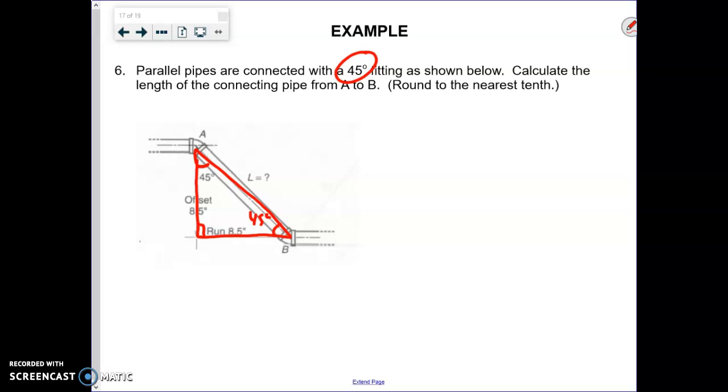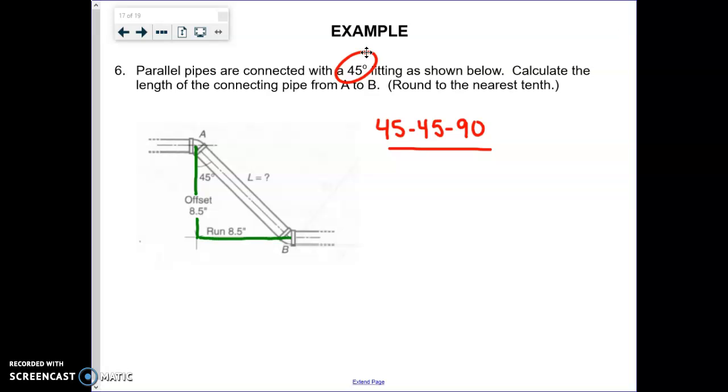All right? So I'm going to erase this for a second, but this tells me that I'm dealing with, ladies and gentlemen, a 45, 45, 90 triangle. Okay? And again, I'm going to just kind of draw this in. There's one side of the triangle. There's the other side of the triangle.